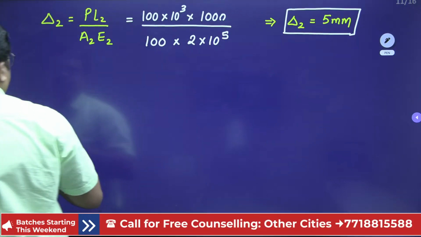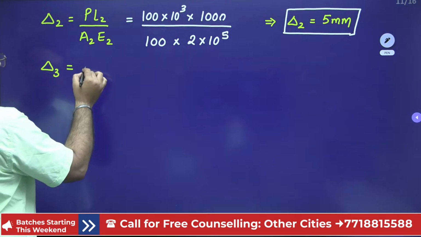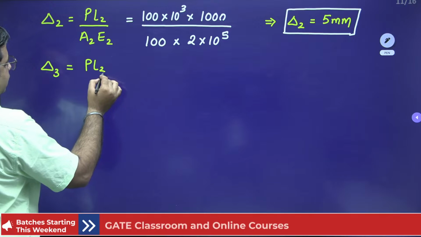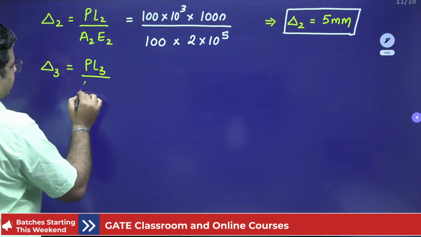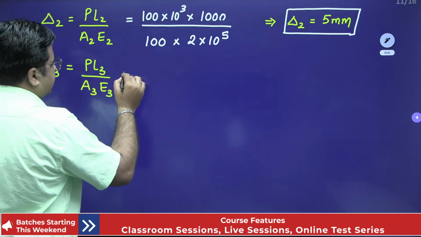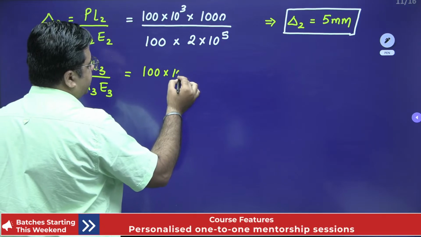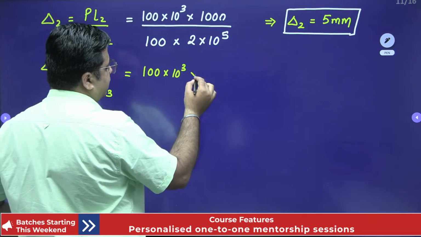Moving on to the third deformation, delta 3. Delta 3 is again P L3 upon A3 into E3. P is the same, 100 into 10 raised to power 3, so this is in Newton.